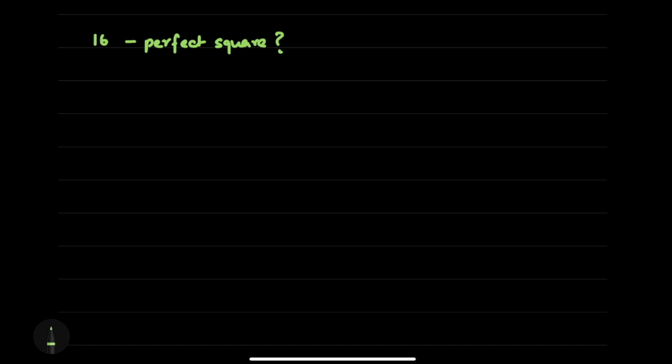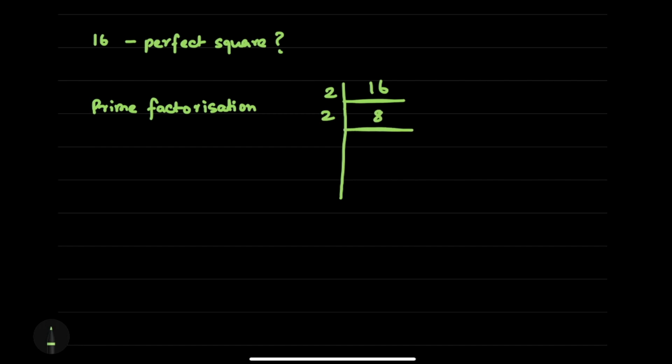In order to do this, we will need to do some prime factorization. We have already learned that in our previous classes, so I will not go into that, and I will just create a very simple one. So we have 16 and 2, 8, and 2 again, and 2 again.